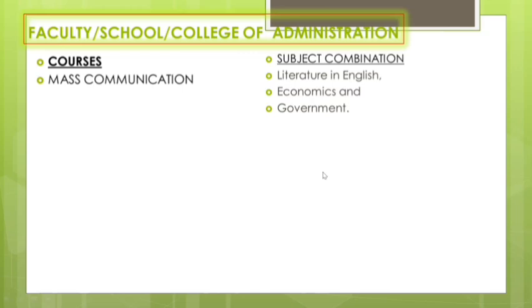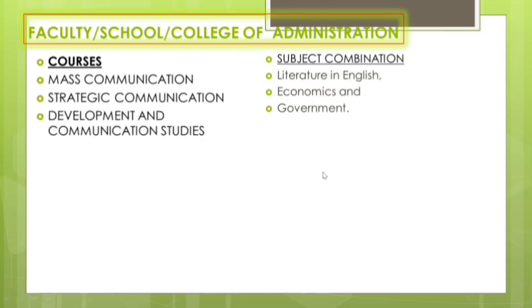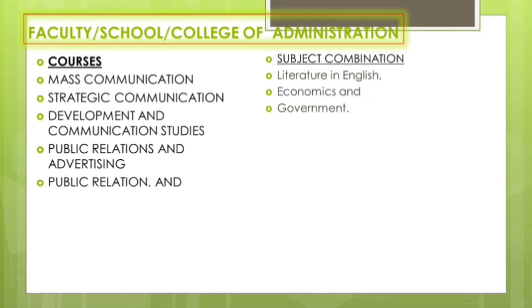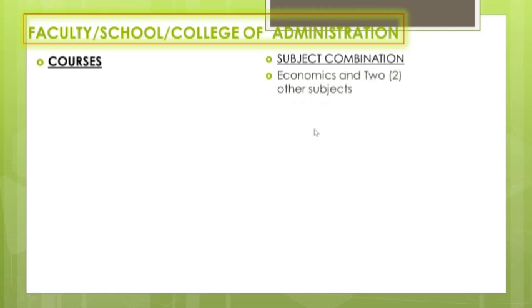For candidates applying for mass communication, strategic communication, development and communication study, public relation and advertising. You are to write literature in English, economics, and government, in addition to use of English that is compulsory for all candidates.